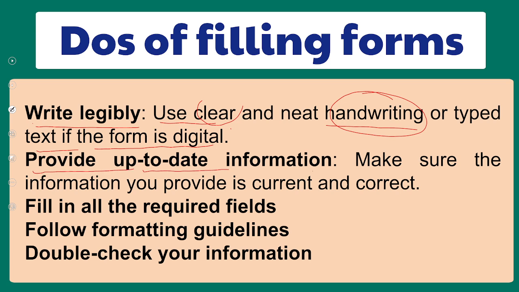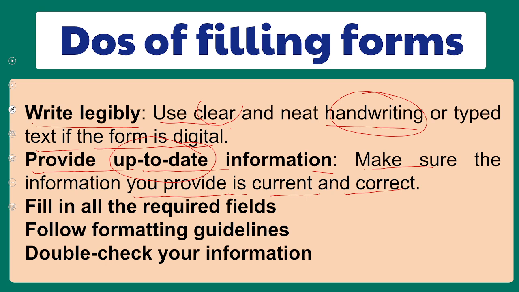Then the second do is provide up-to-date information. Your information, including your passport size picture, everything needs to be updated. Latest information. Make sure the information you provide is current and also correct.